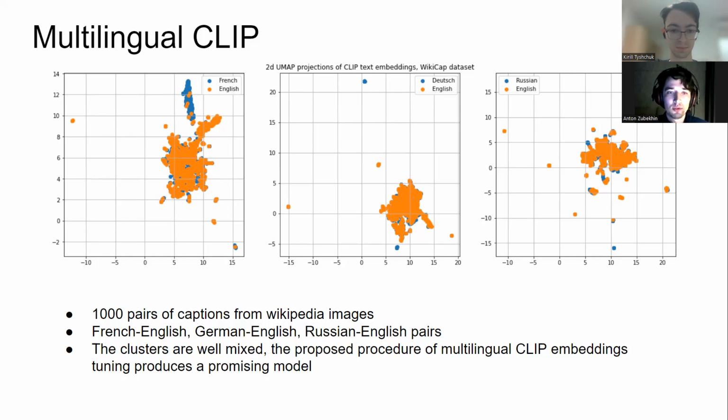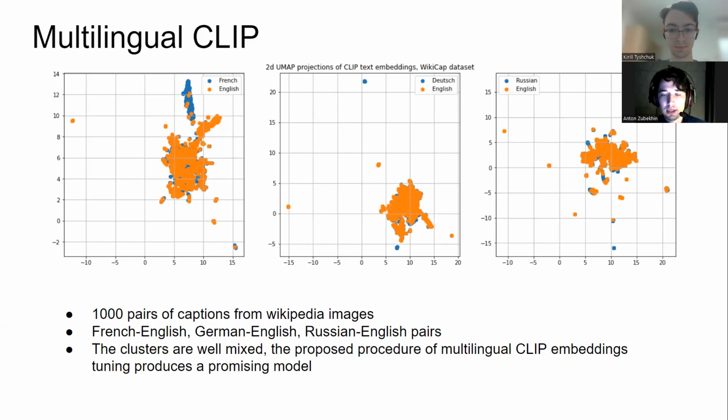And it proves that the proposed technique of obtaining multilingual CLIP models works well enough, so we can use captions from different languages interchangeably, given the fine-tuning procedure of training the large language model to obtain the CLIP embeddings is performed well enough. And we also calculated mean distances between each pair of points from different point clouds.